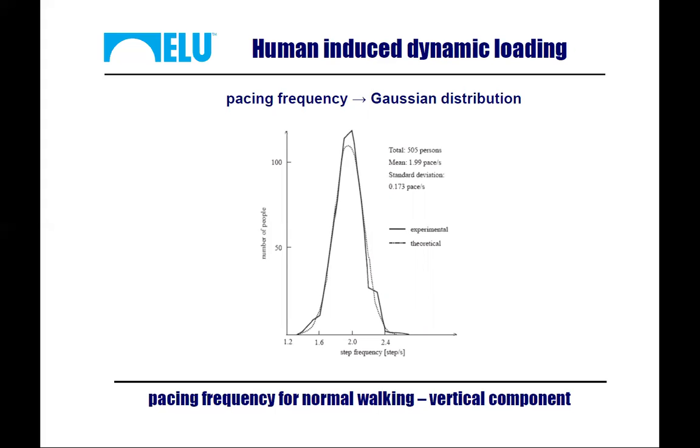And what he obtained was that the pacing frequency has a Gaussian distribution with a mean value which is at around 2 steps per second. So essentially, we move at 2 steps per second. Most of us move at 2 steps per second. Very few of us walk at less than 1.3, 1.4.